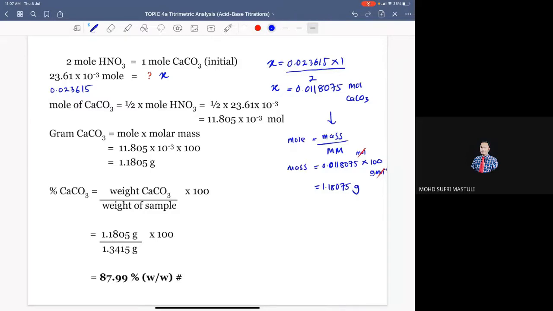Okay, so when you know the gram, you already know the gram of what? Gram of the real calcium carbonate.